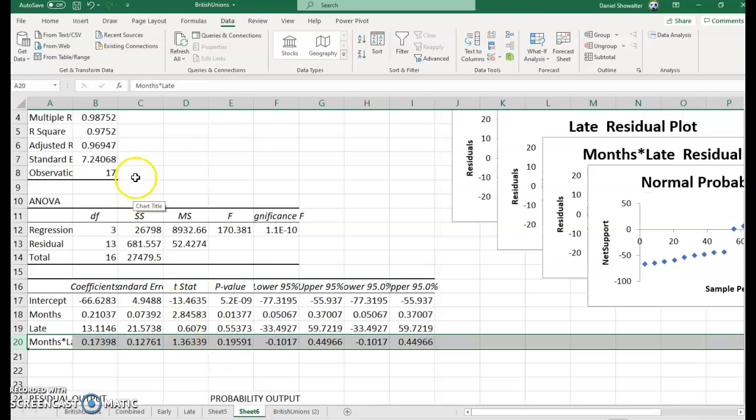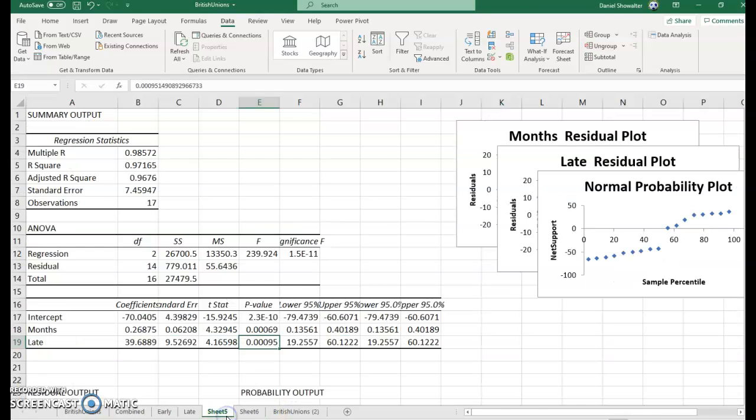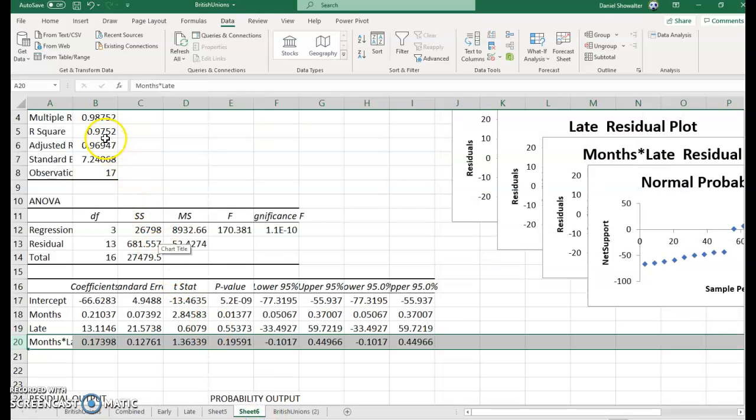And then if we look here, again, we see an R squared just a tiny bit higher than it was before, and the same for adjusted R squared. So is that a significant change, that extra little boost we get by including the interaction term? Does that really help us describe the relationship between these variables and that net support better?